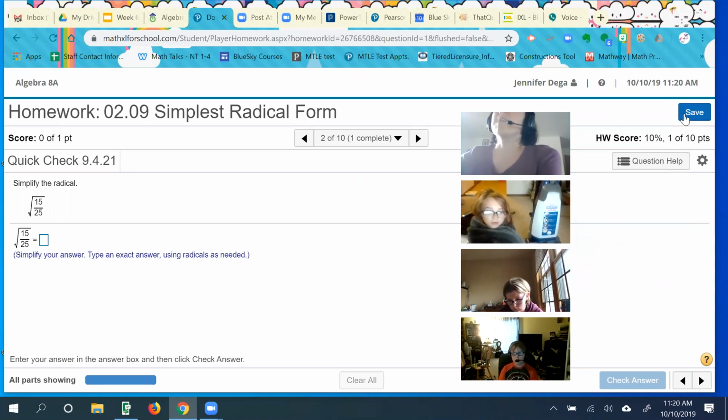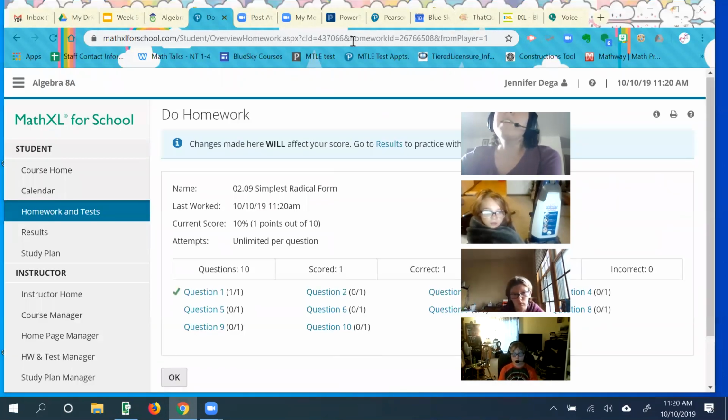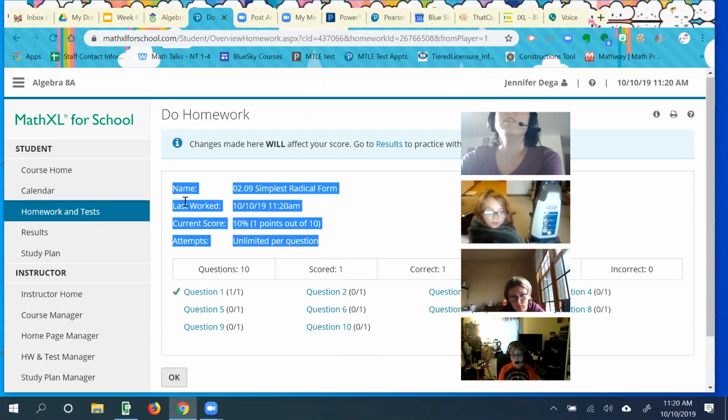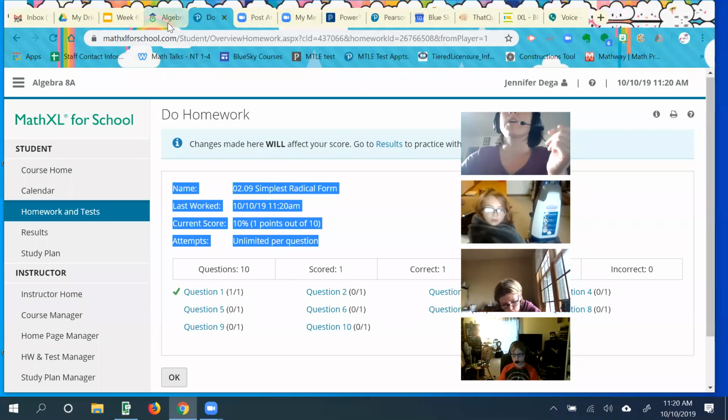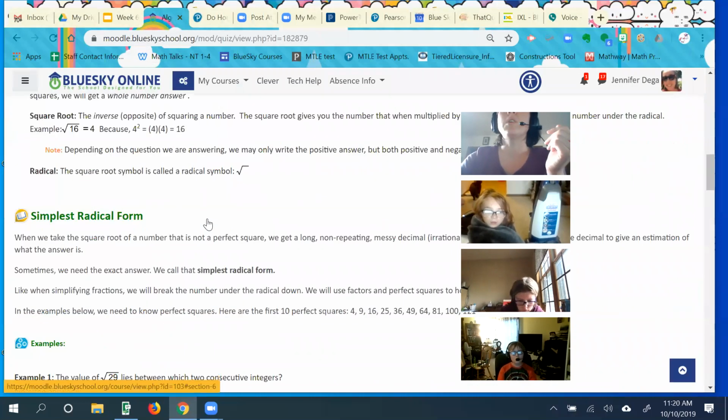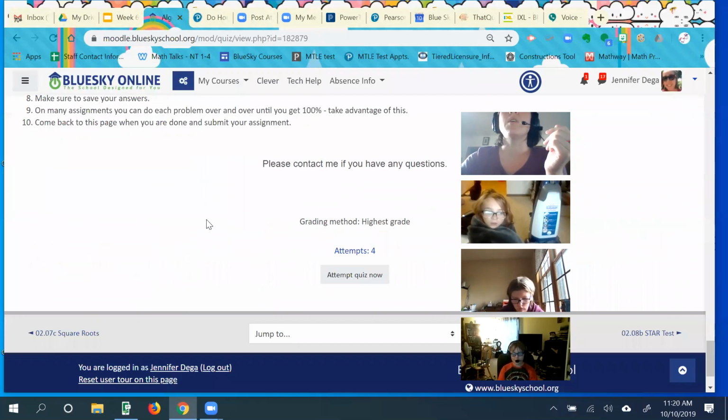But let's say you're like, meh, I've had it, I'm done. Hit save. And then this part on top here is what I need. You're going to highlight the whole thing, hit Control C, or just right click and go down to copy. Go back into Moodle, all the way down.